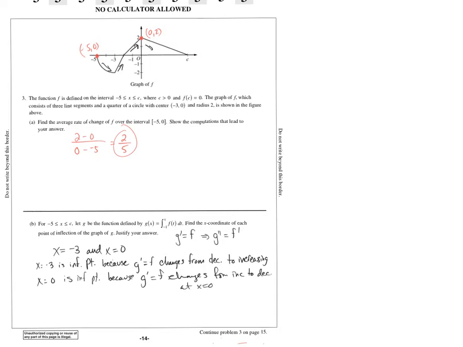So there you go. You could maybe just try to say the inflection points occur at the extrema of the first derivative, but this really is more descriptive because it talks about the slope of f, which is like g double prime changing signs there, going from positive to negative, or negative to positive. So that'll do it for B.